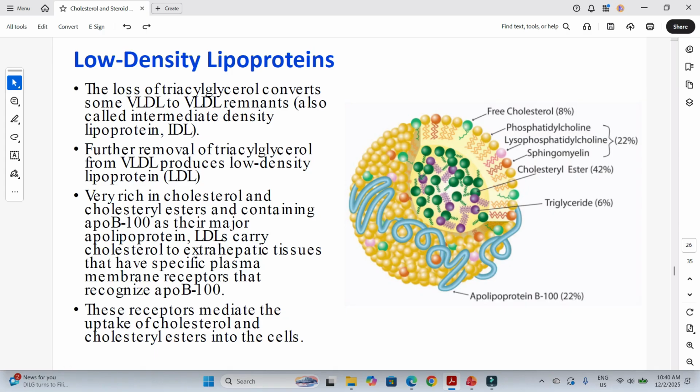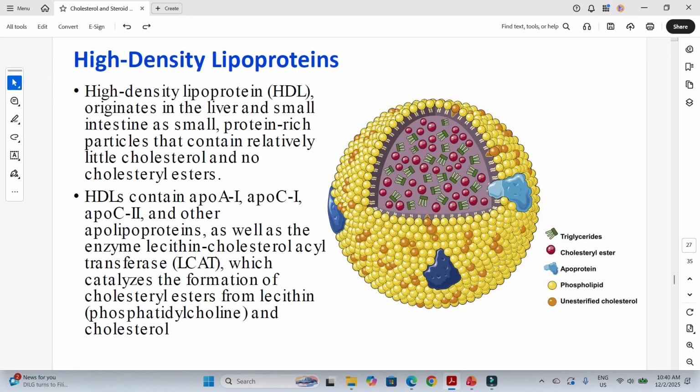These receptors mediate the uptake of cholesterol and cholesterol esters into the cells, okay? So again, you can imagine the LDLs as the delivery trucks that transport cholesterol and cholesterol esters to peripheral tissues.